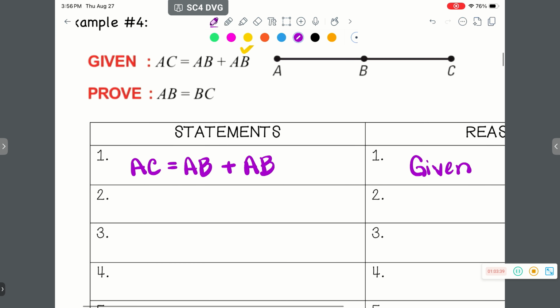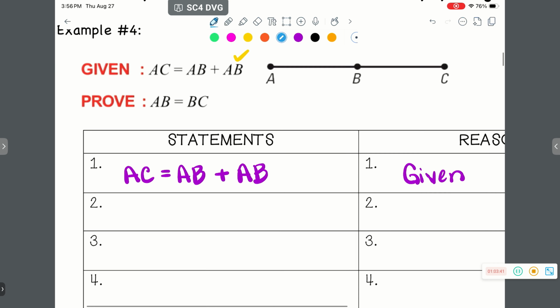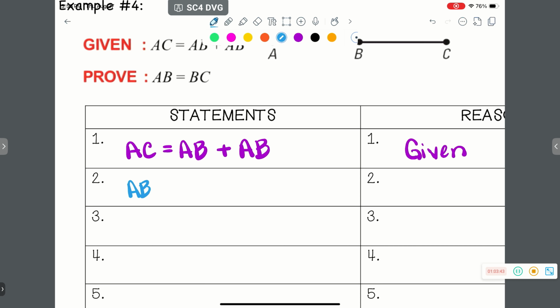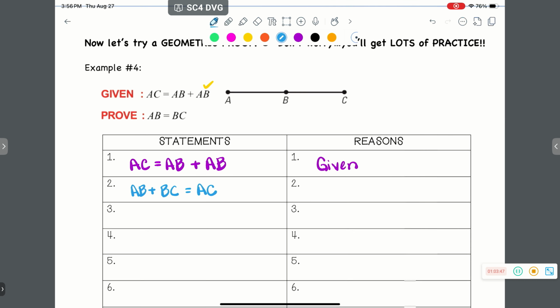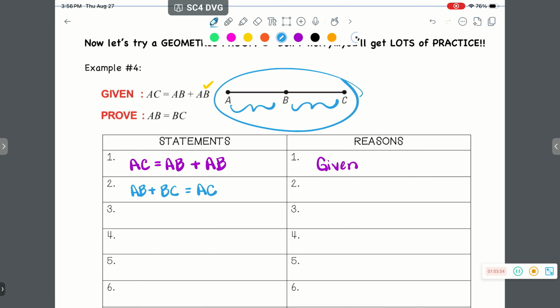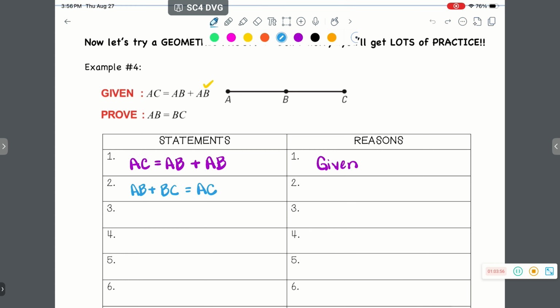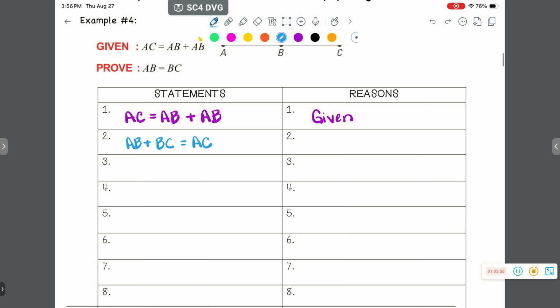I hope we didn't forget everything. AB plus BC equals AC. When I look at this diagram, I'm like, oh yeah, cool. Part plus part equals the whole thing. And I'm allowed to write this because the segment addition postulate told me I could.